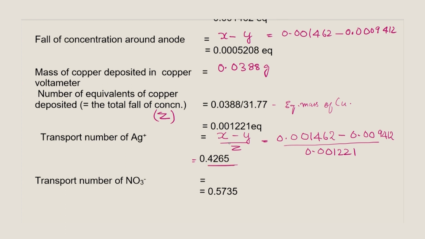To get the transport number of nitrate ion, subtract this value from 1, that is 1 minus 0.4265, and you will get the answer as 0.5735, which is the transport number of nitrate ion. So, this is the way we determine the transport number of cations and anions in the case when we are using an unattackable electrode. Now, let us conclude the session.